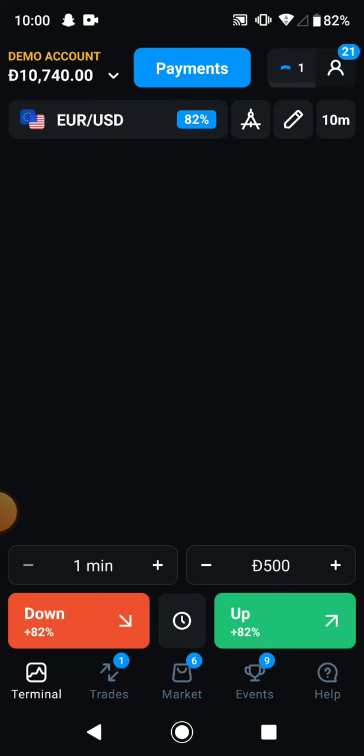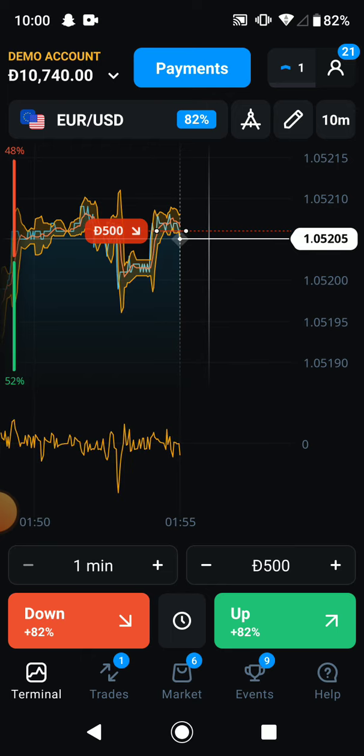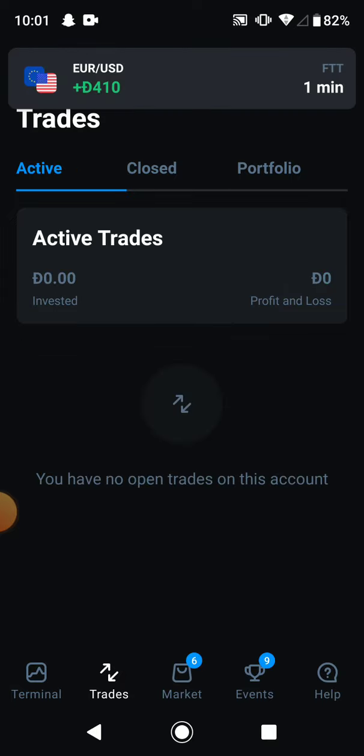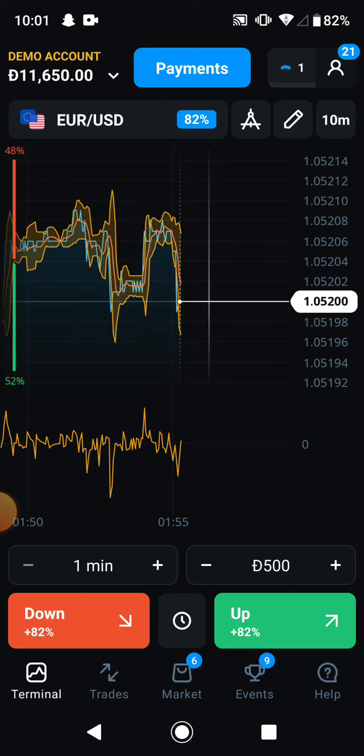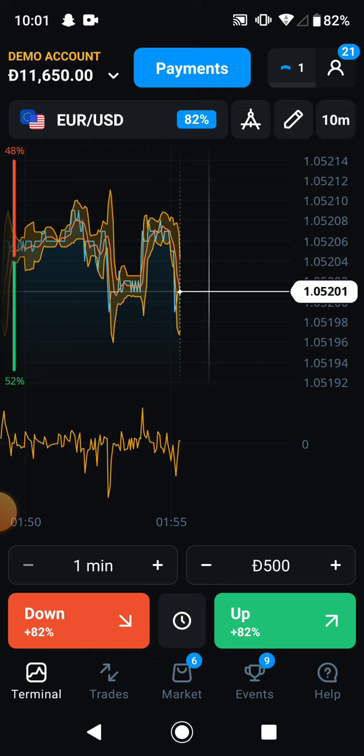Let's see guys what happened there. Okay, the market gone slowly down. Only 10 seconds. 9, 8, 7, 6, 5, 4, 3, 2, 1. Okay, that's a big profit again guys. You see guys, we earned $820 in just 2 minutes.